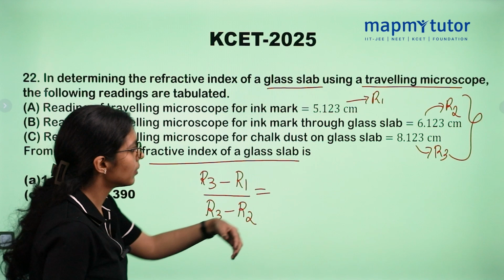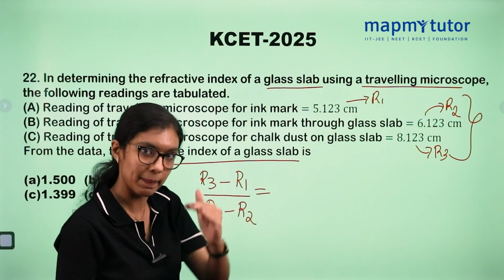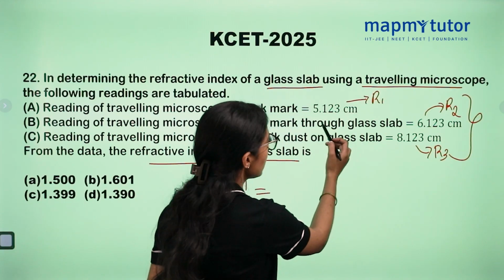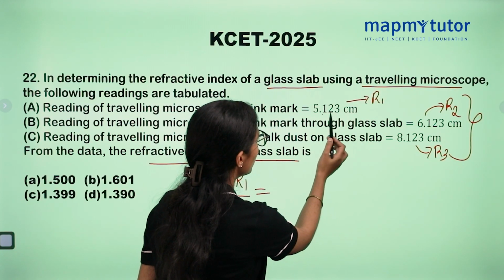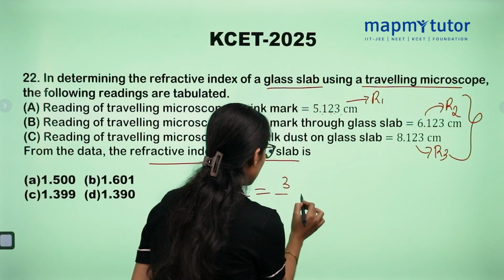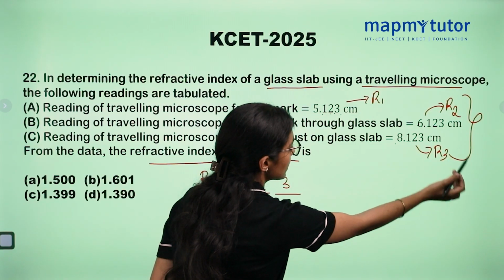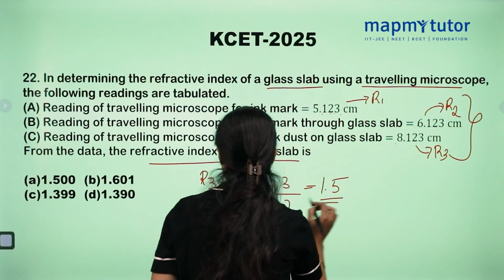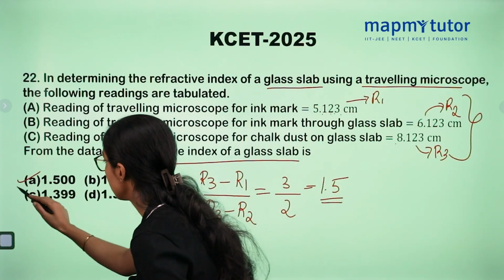So that is nothing but you can do the calculation step by step. I am leaving the steps here. 8.123 minus your 5.123. That comes out to be 3. Divided by 8 minus this will come out to be 2. So 1.5. To which option does it lie? Option E.